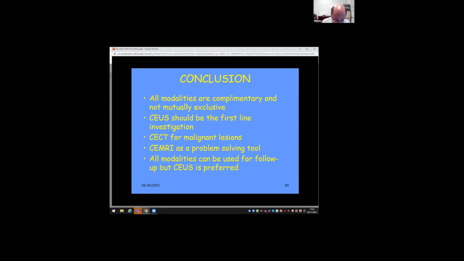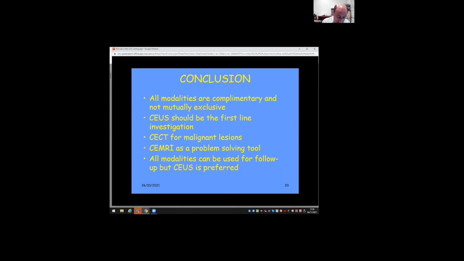Now 9 cases did not have a CT scan. These were ultrasounds with no CT, so comparison was not possible. 5 cases had MRI for other reasons, and the ultrasound and the MRI results were the same.